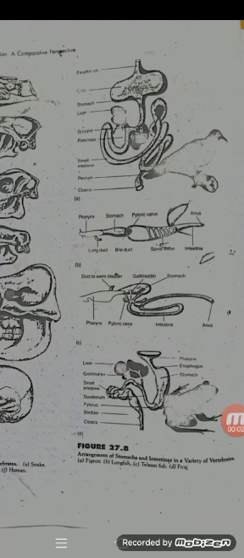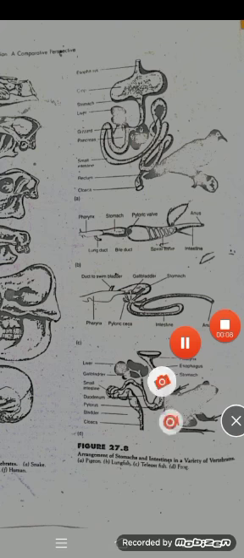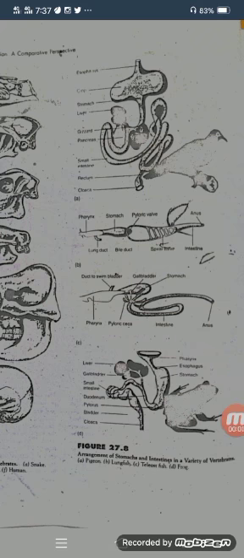Figure 27.8, A is showing the digestive tract of a pigeon. Students, move on to figure 27.8: arrangement of stomach and intestine in a variety of vertebrates. First one is showing the digestive system of a pigeon.